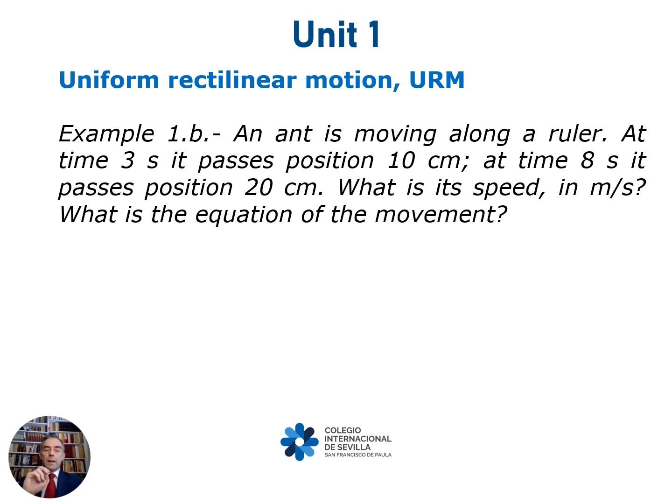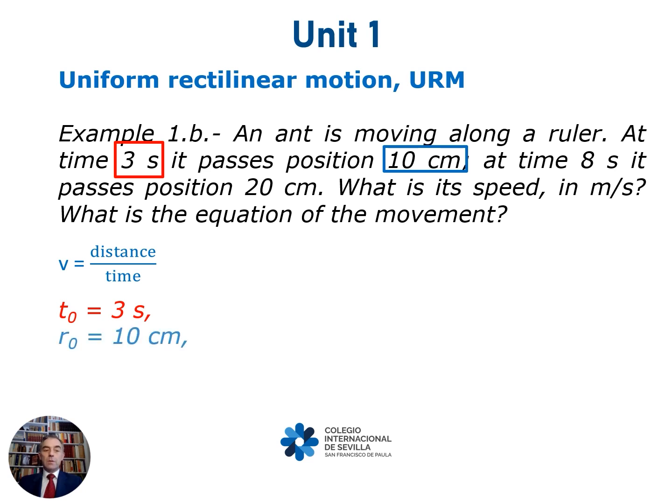So let's go step by step. Speed. Speed, as we know, is the distance covered divided by the time it takes to cover it. Let's analyze what the problem tells us. The problem is telling us that at time 3 seconds, so that is t0, it is at position 10 centimeters. So that is position 0.